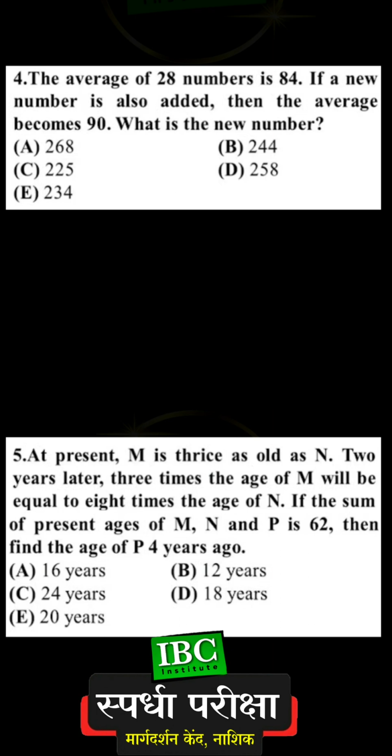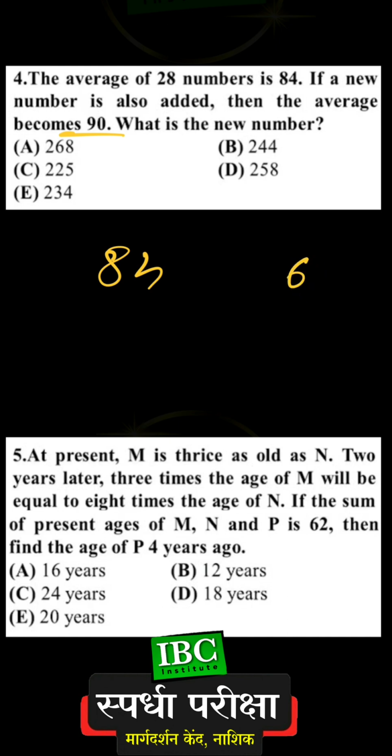So question number 4: the average of 28 numbers is 84. So there are 28 numbers and its average is 84. If a new number is also added, then the average becomes 90. So according to the logic I taught you, if a new number is going to be added, it must have the value 84, but according to the question, after adding that number the average will become 90, so it got increased by 6.